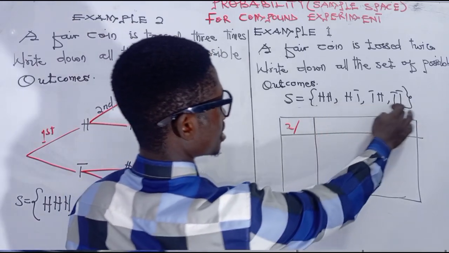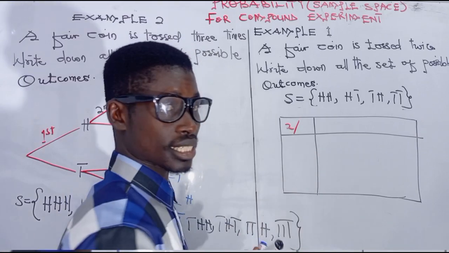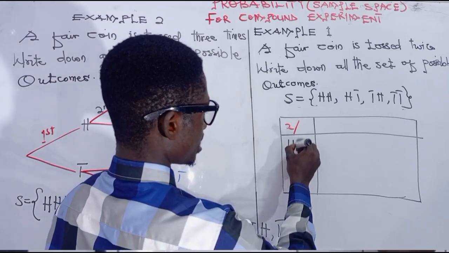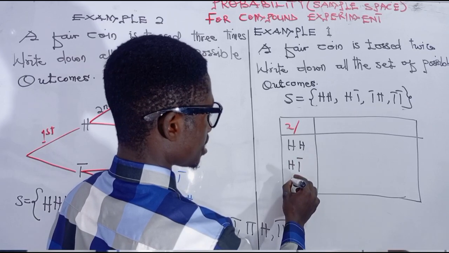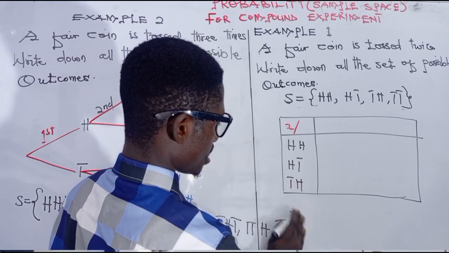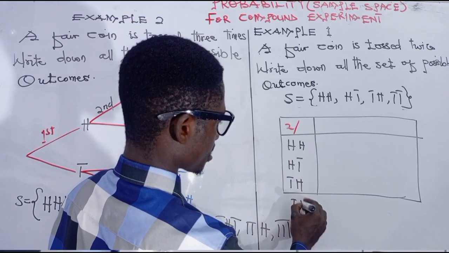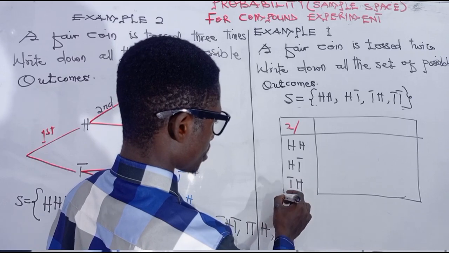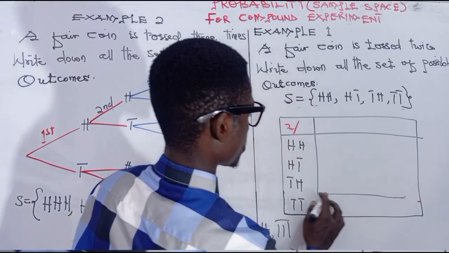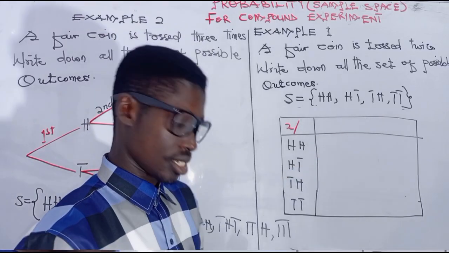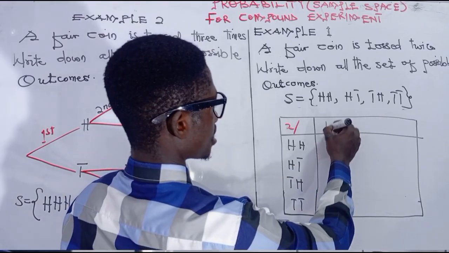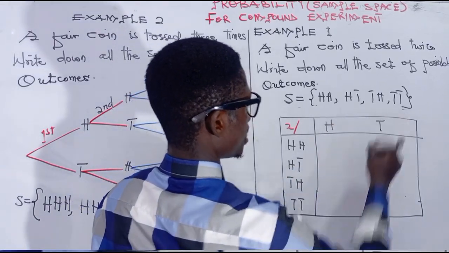So we are going to write these outcomes in this column. So we have head, head, head, tail, tail, head, and then what? Tail, tail. And then we are going to use this to represent head and then tail.